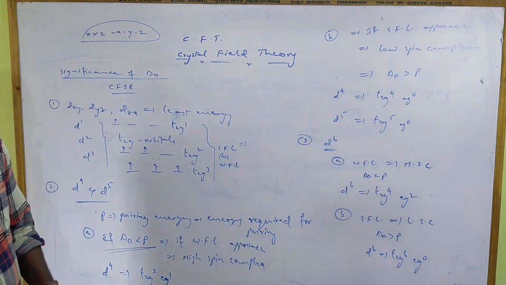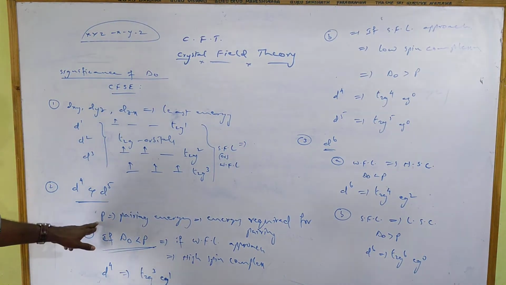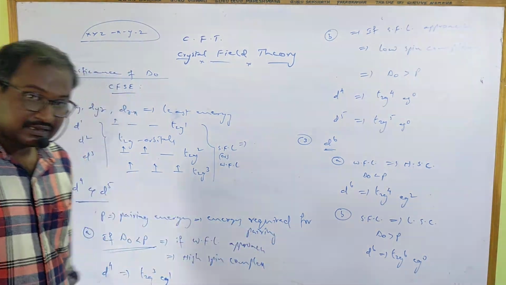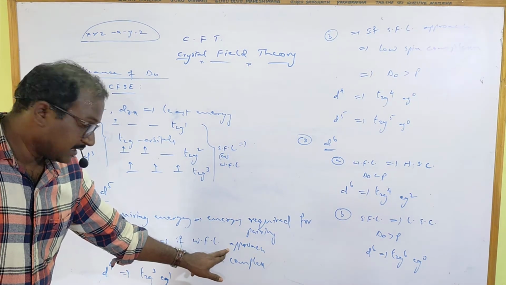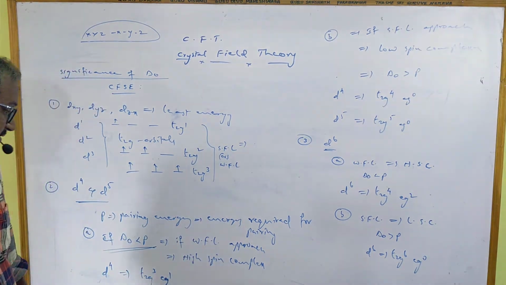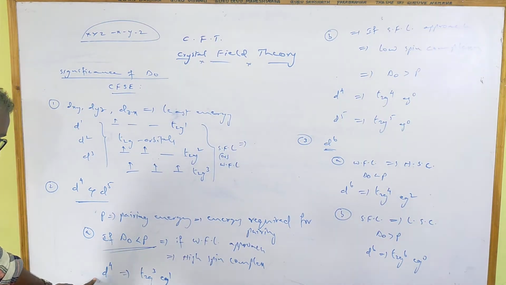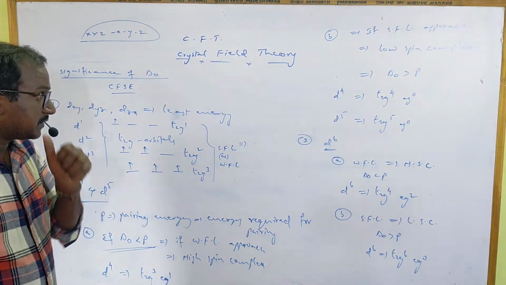Please don't confuse. Once again, I am saying P means pairing energy, the energy required for pairing of electrons. If weak field ligands approach the central metal ion, they form high spin complexes. For them, delta O becomes less than P. For D4 configuration, it will be like this. For D5, it will be like this, one electron in each orbital.